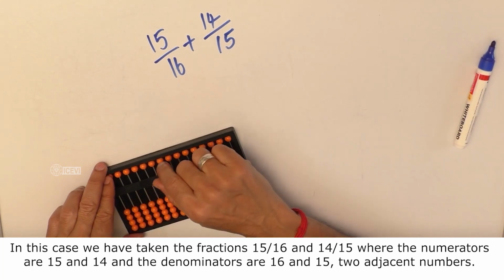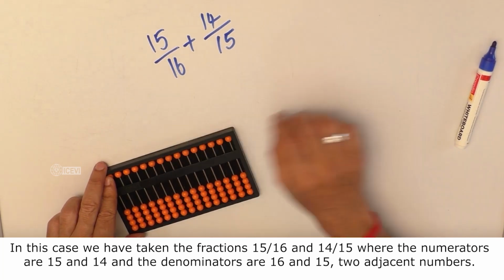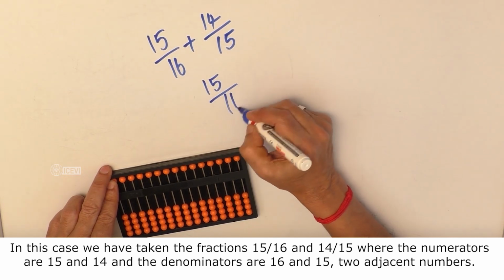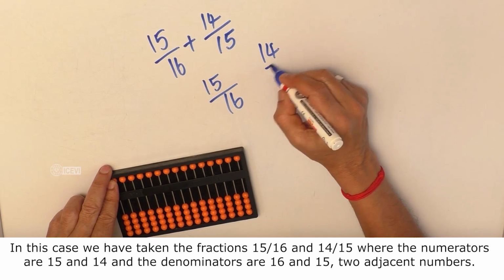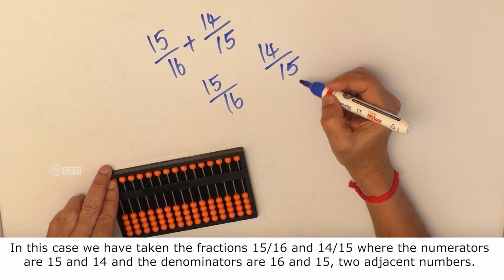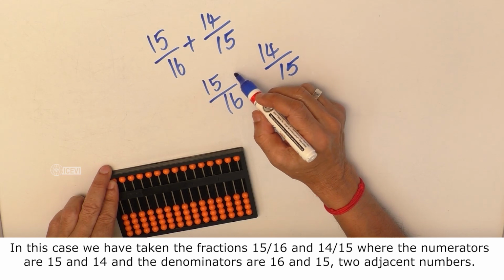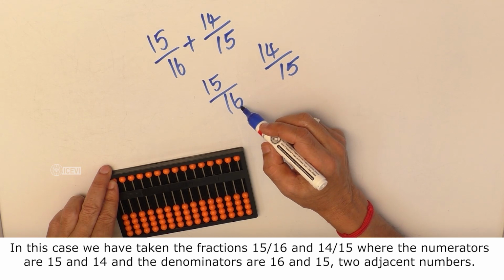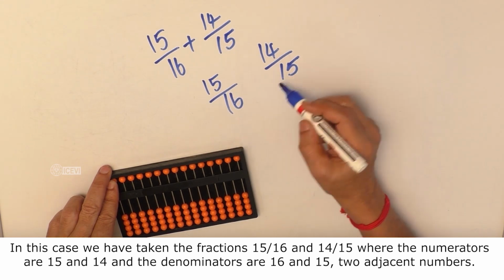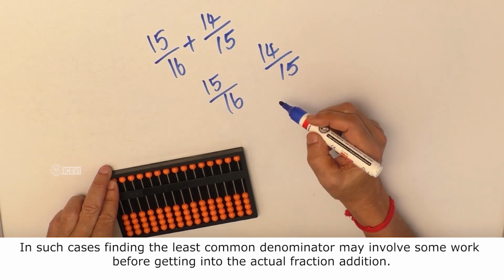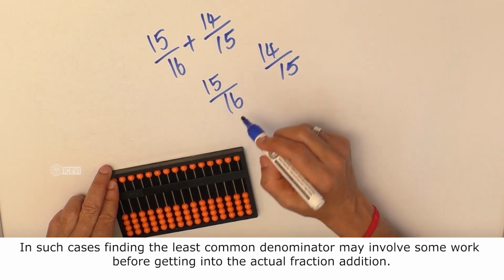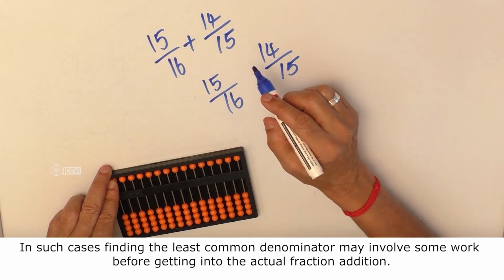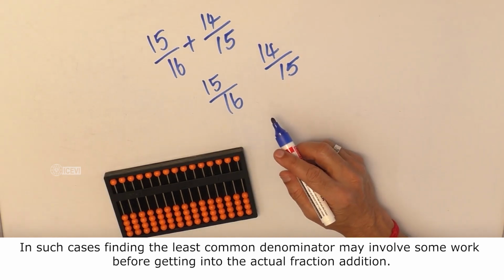In this case, we have taken the fractions 15 by 16 and 14 by 15, where the numerators are 15 and 14 and the denominators are 16 and 15, two adjacent numbers. In such cases, finding the least common denominator may involve some work before getting into the actual fraction addition.